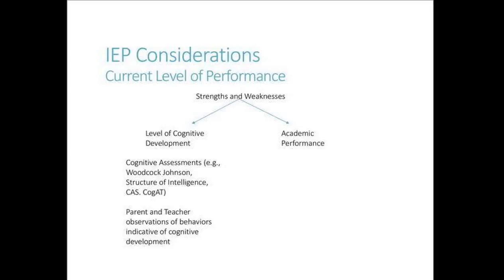Those should be pretty easy to come up with as indications of the current level of cognitive development. And of course, schools have plenty of data on current levels of performance academically, probably more testing going on there than anybody really needs.